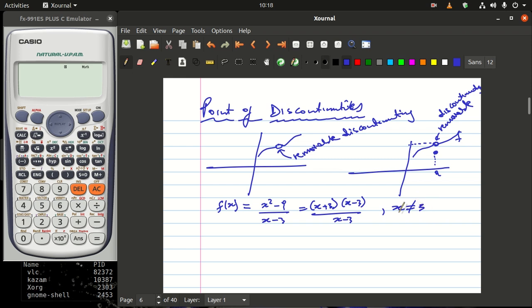If I would redefine my function, because this one here and that one, they cancel out. So if I were to redefine my function here to be equal to 5 when x is equal to 3, I will be able to remove this discontinuity. In other words, if I were to cancel out the common factor, I would be able to remove that discontinuity. Hence, that discontinuity is called removable discontinuity.